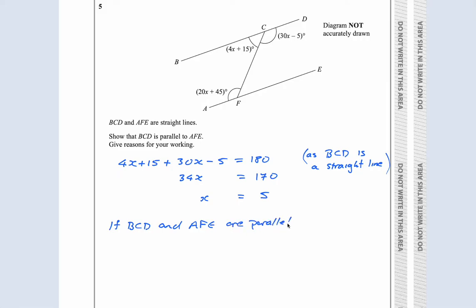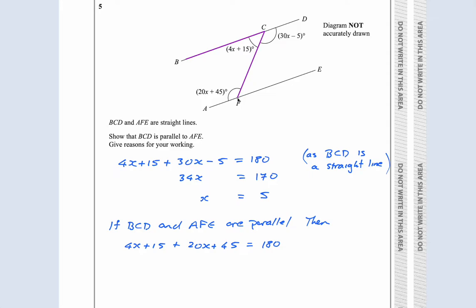If you're showing that these are parallel, if these two lines are parallel, then 4x plus 15 plus 2x plus 45 must equal 180. Because if they're parallel, then these are corresponding angles.